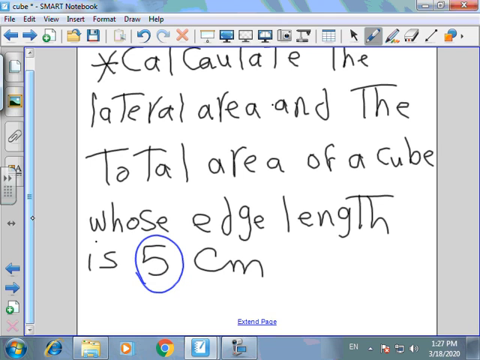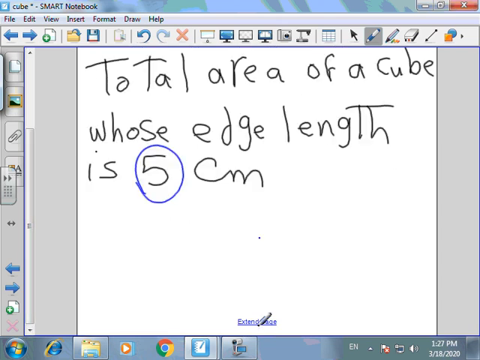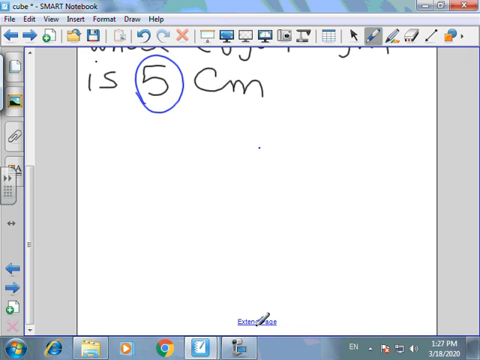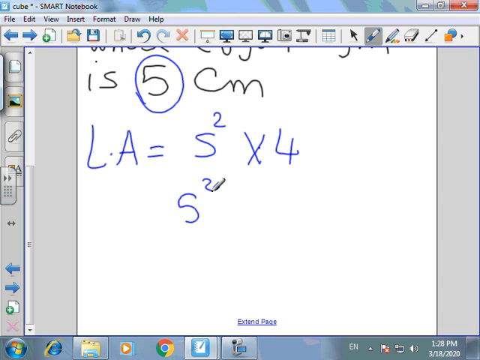How can we get the lateral and the total surface area? We said that LA means lateral. And what is the rule of the lateral surface area? S squared, which is side squared, times, yes, excellent, 4. So the side length is 5 squared times 4.